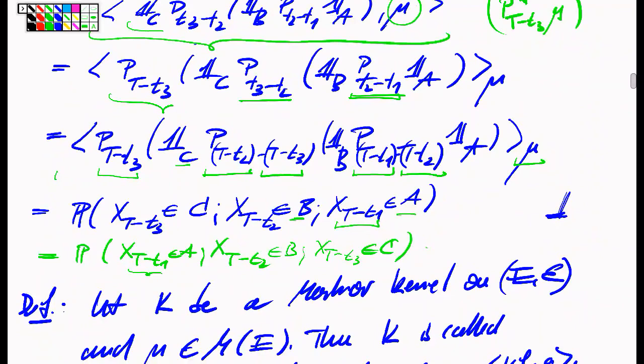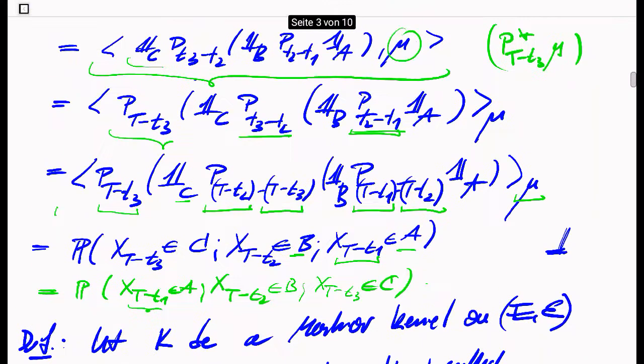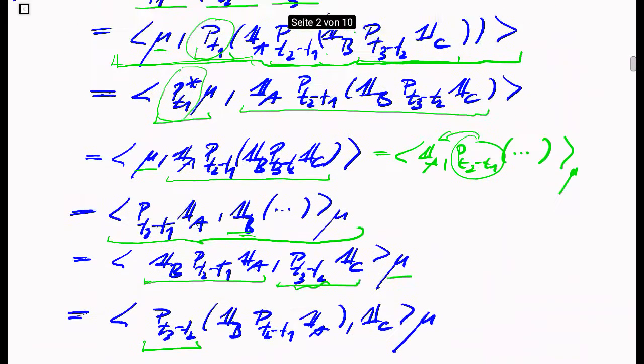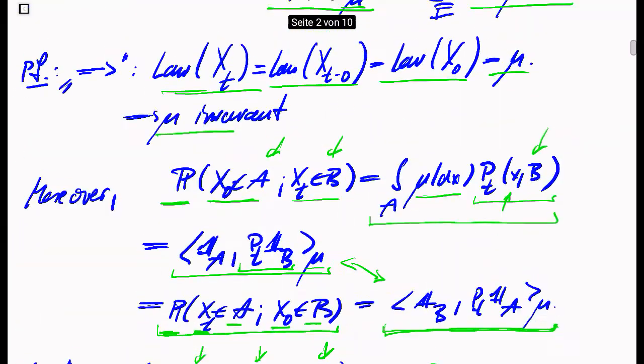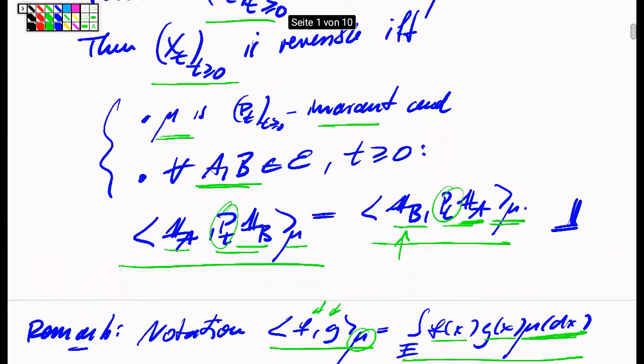So we have seen, in fact, that the process is reversible in the sense of the definition given above, provided the operators P enjoy this symmetry condition with regards to the measure mu. And as a remark, I should highlight that the extra condition that mu is in fact PT invariant is automatically satisfied if the P's are conservative.